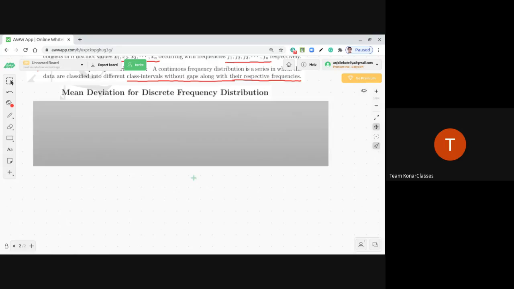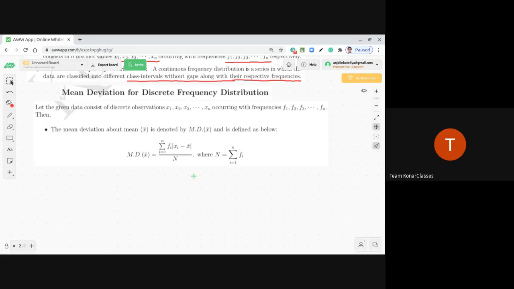So the given data consists of the discrete observations x1, x2, x3 up to xn occurring with frequencies f1, f2, f3 up to fn. Then we get the mean deviation about the mean. The important thing is that here it is about the mean; in the next one we will discuss the median.